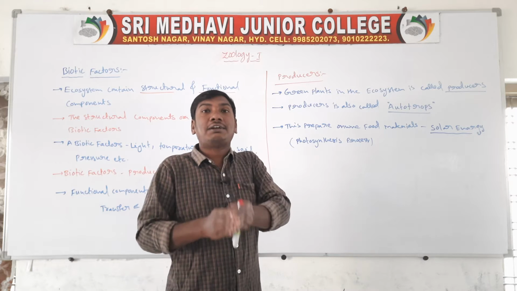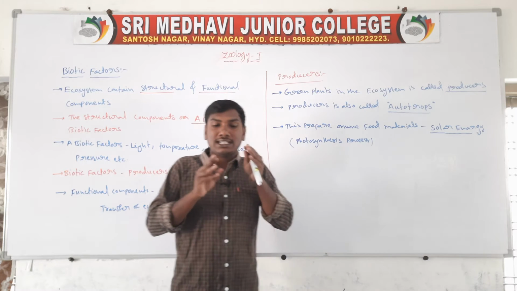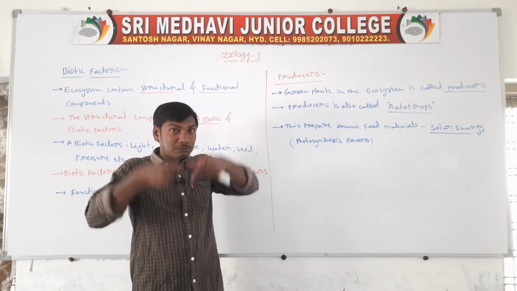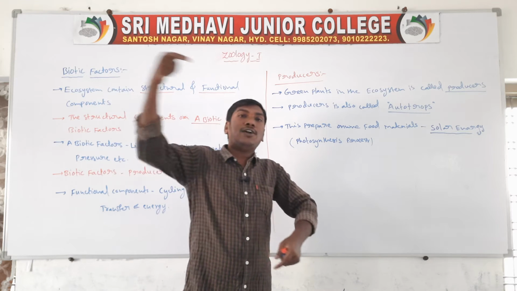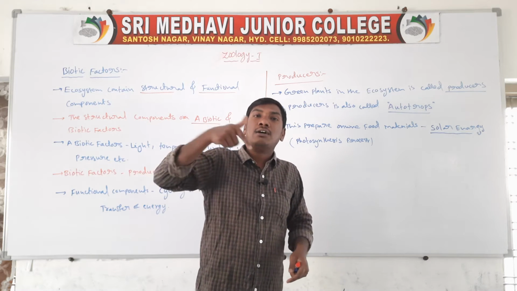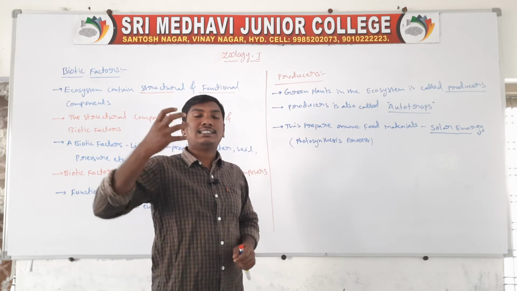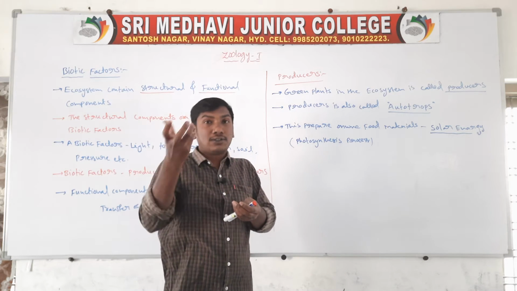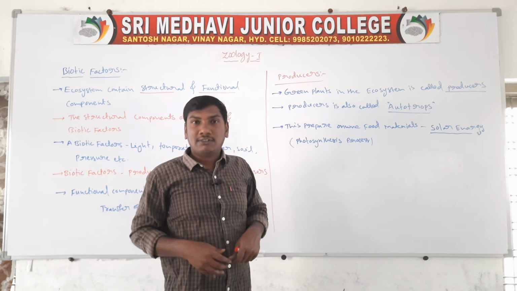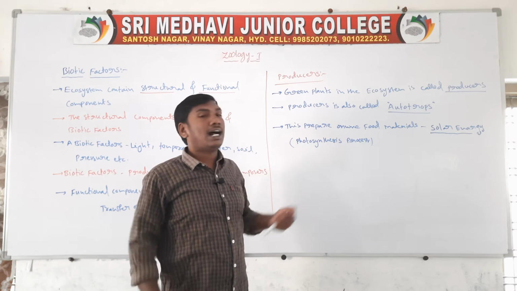These producers are called autotrophs because autotrophs prepare their own food materials with the help of sunlight, solar energy, through the photosynthesis process.